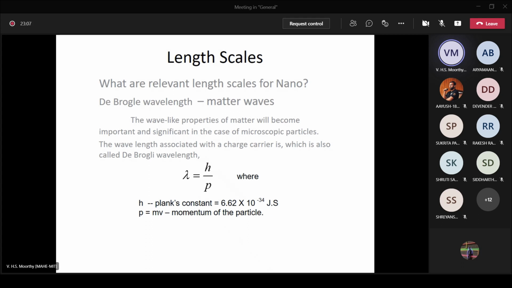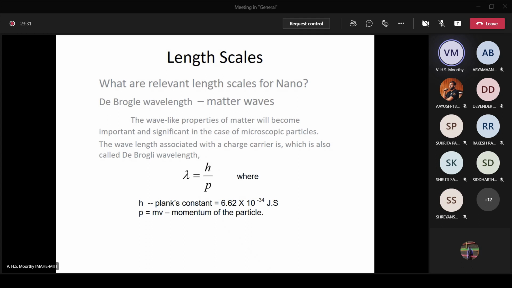Macro, micro, nano. In between micro and nano, there is something else called meso. Meso is neither classical mechanics nor totally quantum mechanics. It is in between. So we can think of nanomaterials or nanoparticles as having mesoscopic sizes.